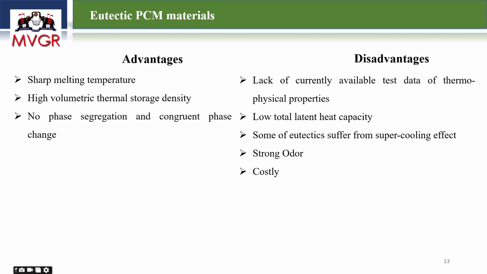And if you vary the proportions to 30% and 70%, how the properties vary with that combination, we also don't know. So there is a lack of information available for eutectic phase change material, and it also suffers from supercooling and has a lower latent heat value. These are some of the drawbacks of eutectic phase change material.